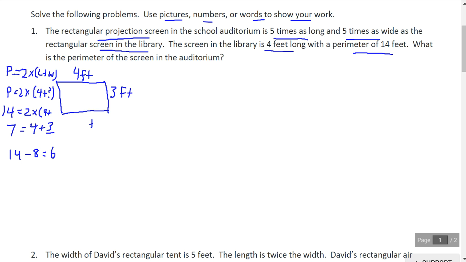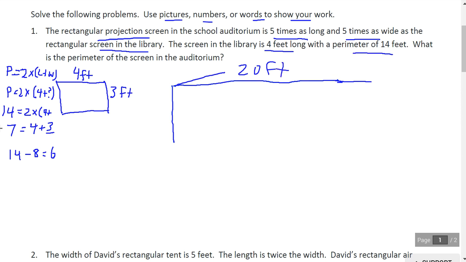Now we can find the screen in the auditorium, and all we have to do is notice what it says here. It's 5 times as long, so it's going to be bigger. I'm not going to make this totally to scale, but it's going to be 5 times 4. What's 5 times 4? It's going to be 20 feet this way. Okay, let's continue this over. This is 20 feet.